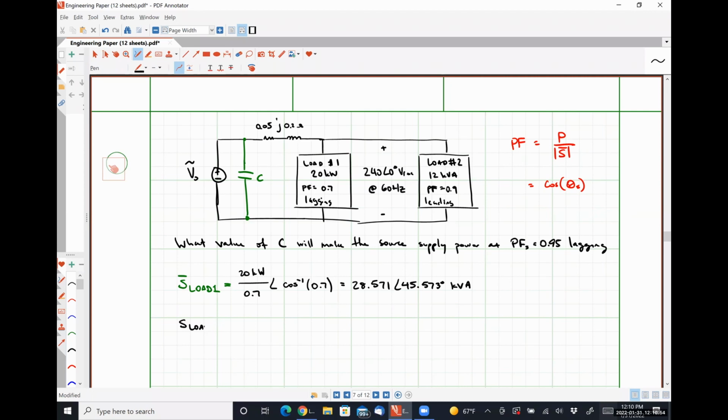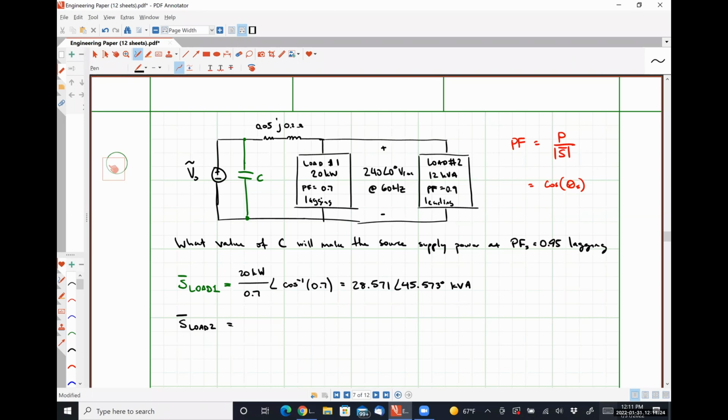Complex power absorbed by load 2 is going to be similar. So what does this 12 kVA represent? Caleb, got any thoughts? The units tell us what part of the complex power this is.